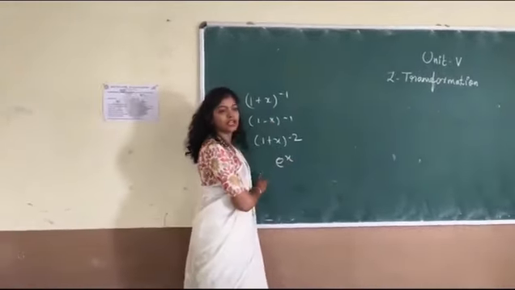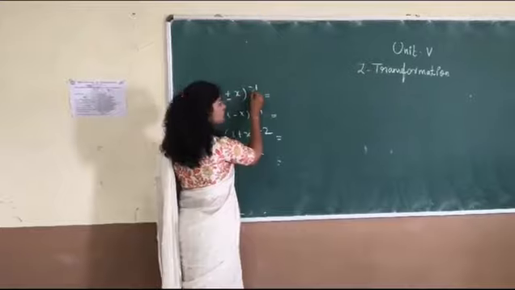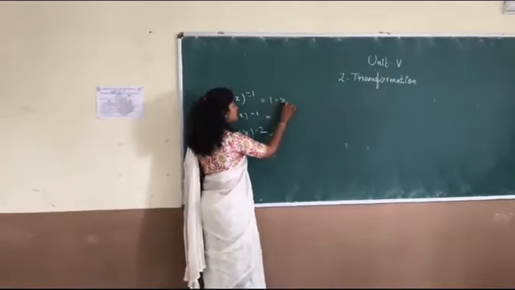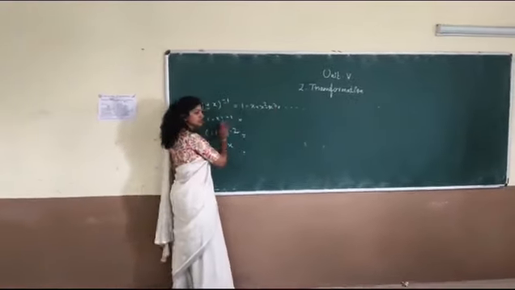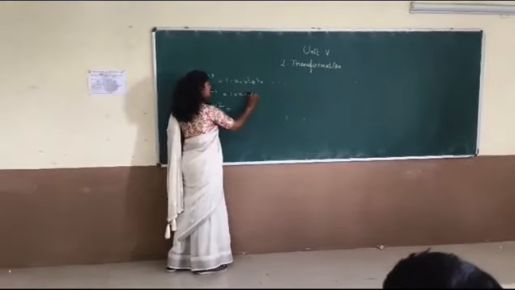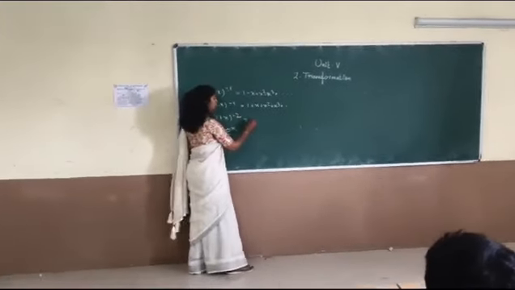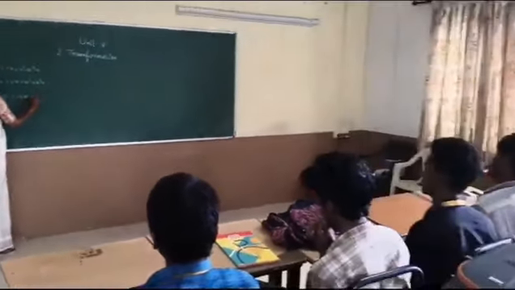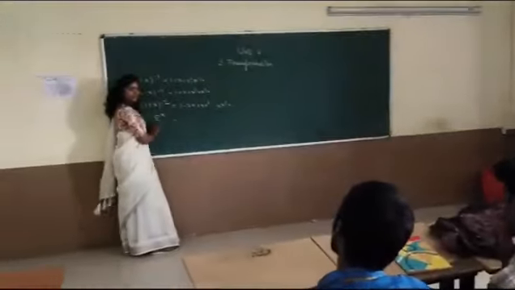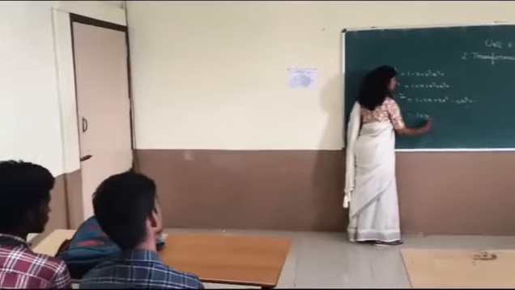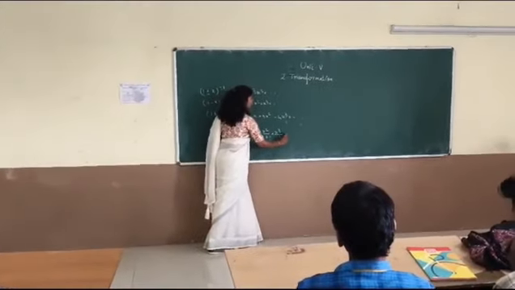Using these we will solve the problems. For plus and minus, we write 1 minus x plus x square minus x cube plus etc. If both terms are minus, we write 1 plus x plus x square plus x cube plus etc. For power minus 2, we write 1 minus 2x plus 3x square minus 4x cube plus etc. For e power x, we write 1 plus x by 1 factorial, x square by 2 factorial, x cube by 3 factorial plus etc.